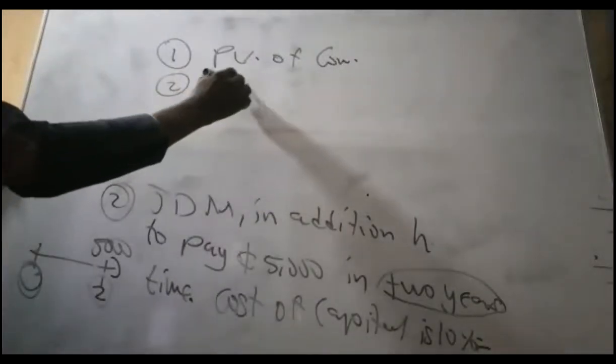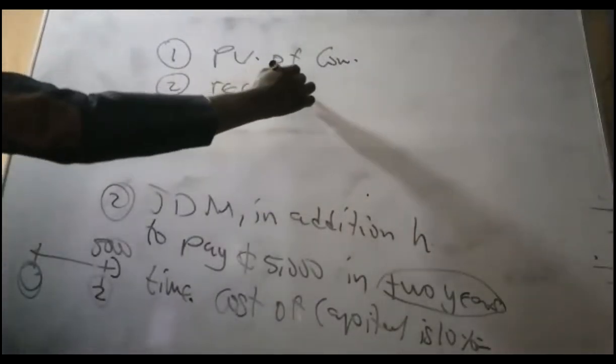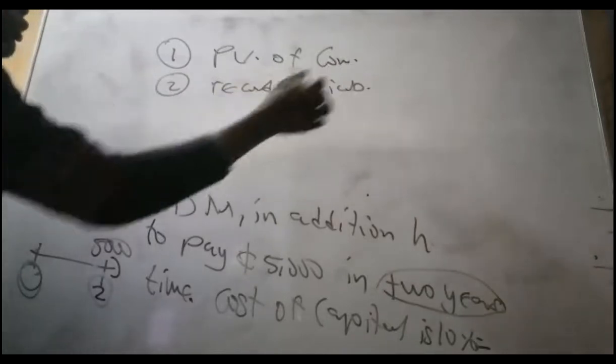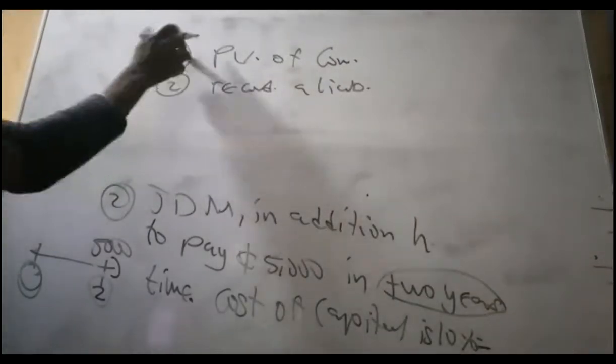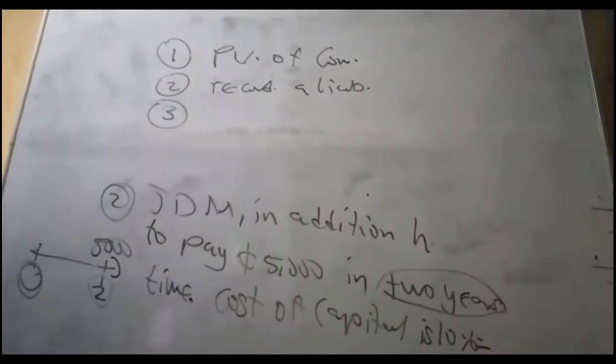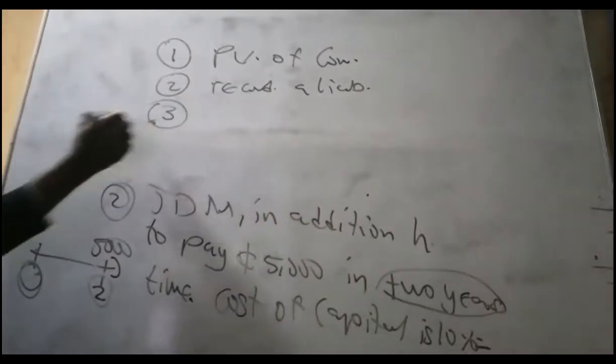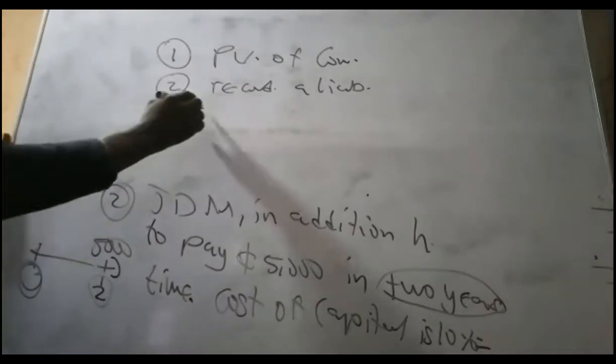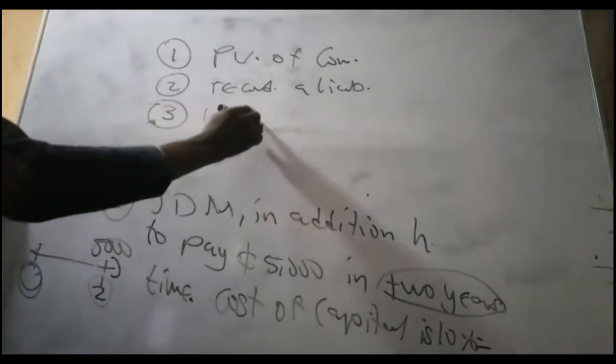Step 2, record a liability, that's the provision, at the same value. Step 3, unwind the discount each and every year. We are done. That's where the issue is.